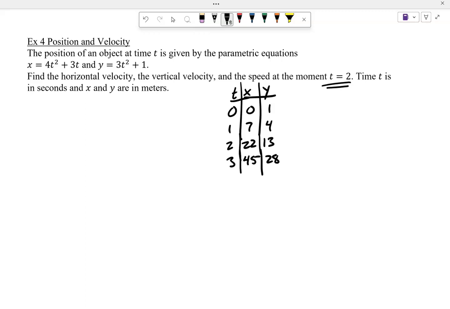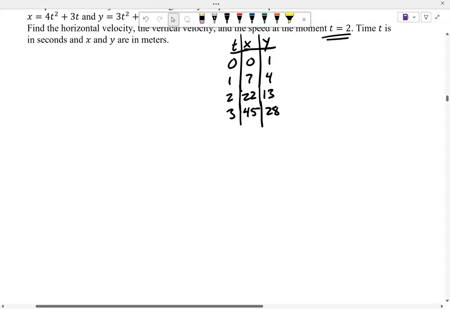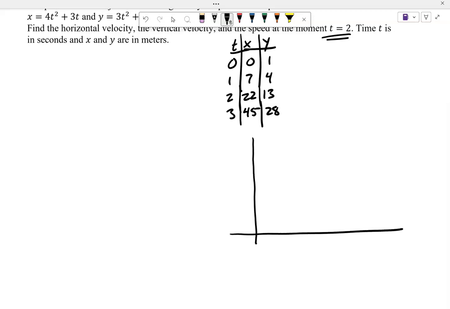So if you were to graph this with decimals or whatever, you get to look at this thing. Let me see if I can do my best to graph this.